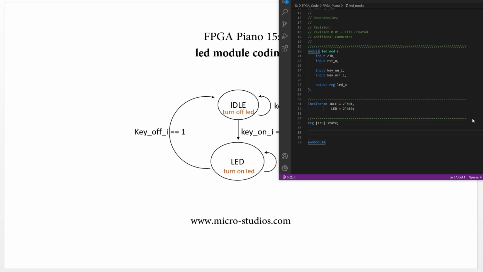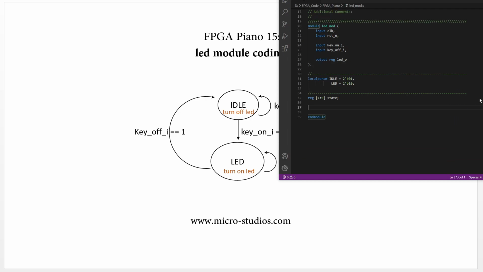Okay, so next, we will use an always block to describe the state machine. This is a positive clock. You will see here, this is a negative clock.